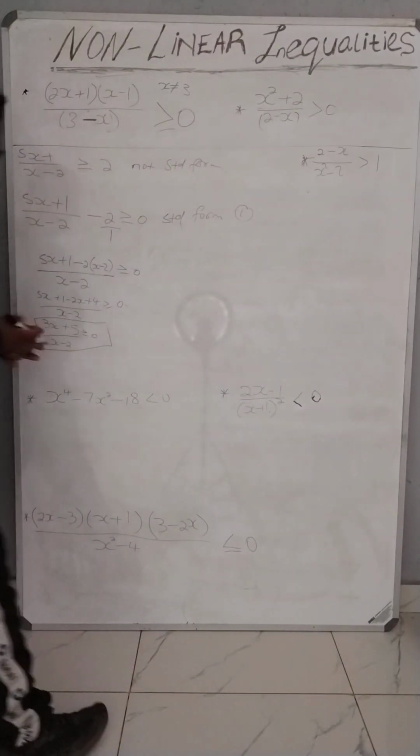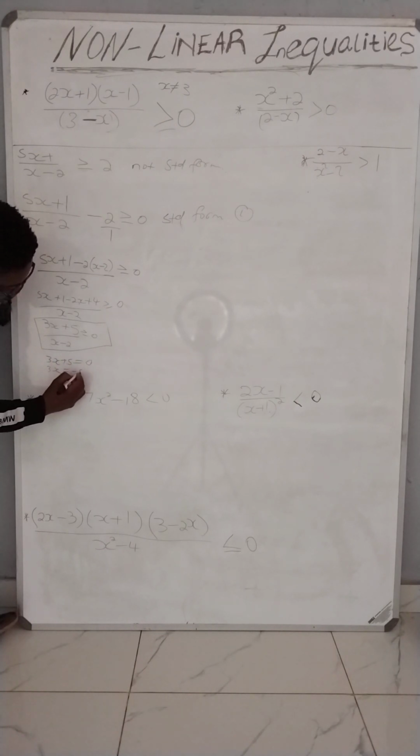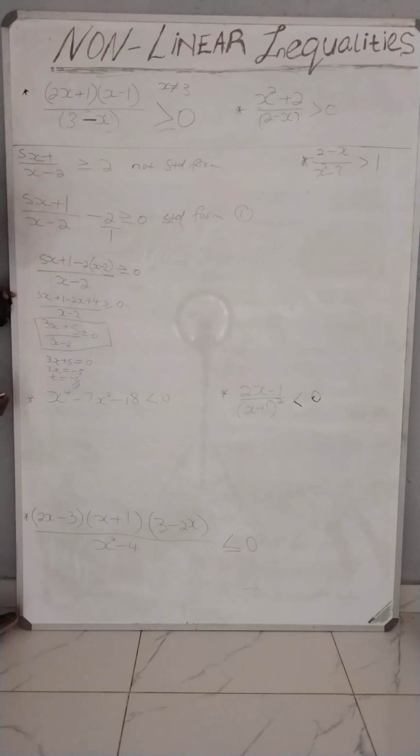Okay, cool. So now you are going to find the factors, the value of x for which the expression is equal to 0. So you have 3x plus 5 equals 0. Therefore, you have 3x equals negative 5. You have x equals negative 5 over 3. Now 3 into 5 goes once, and it leaves 2 over 3.